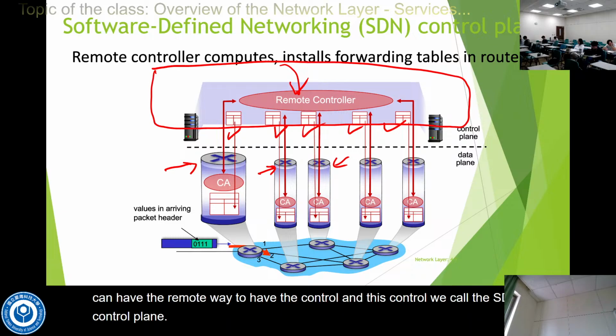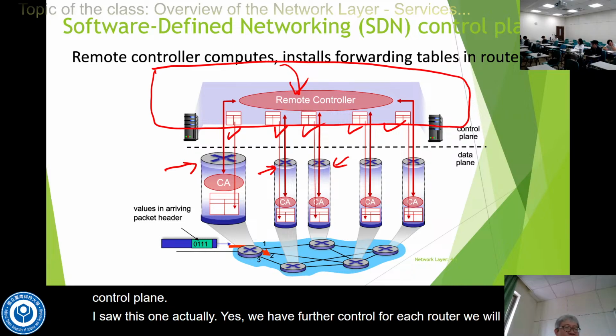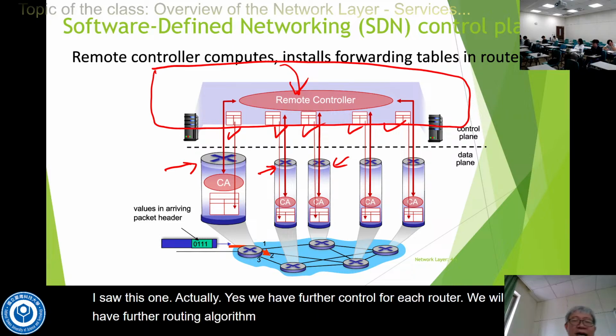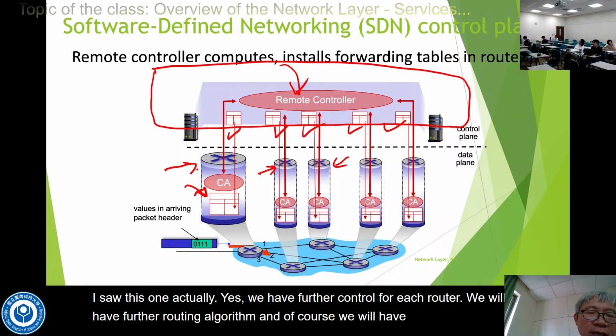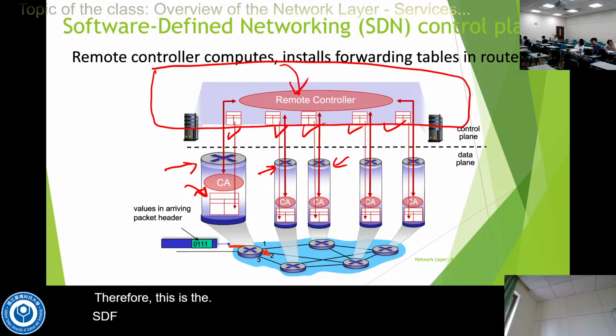We have control for each router, with the routing algorithm and of course the forwarding table. Therefore, this is the ICN implementation for the control plane, and we have remote controllers.